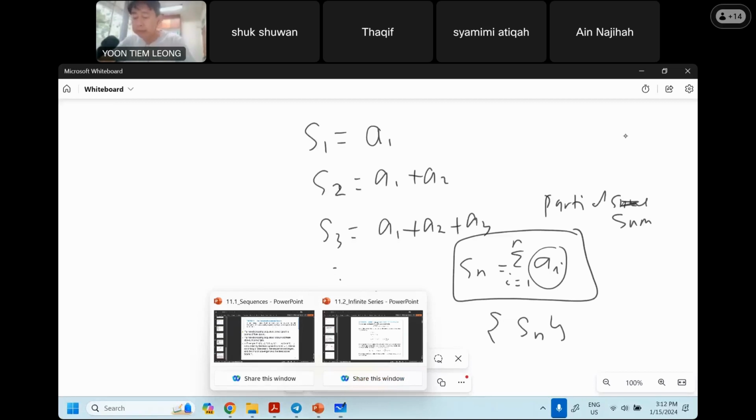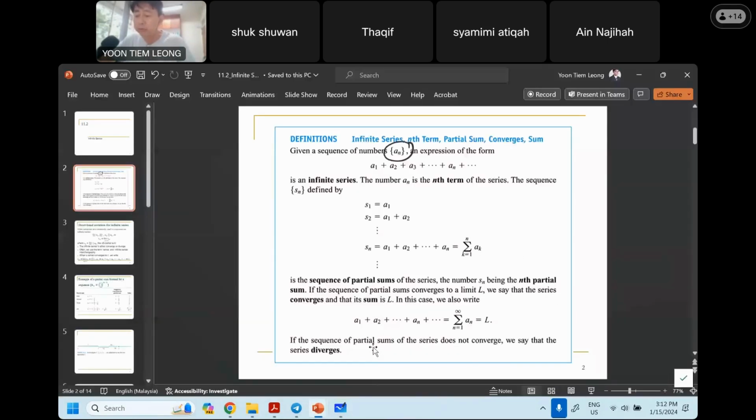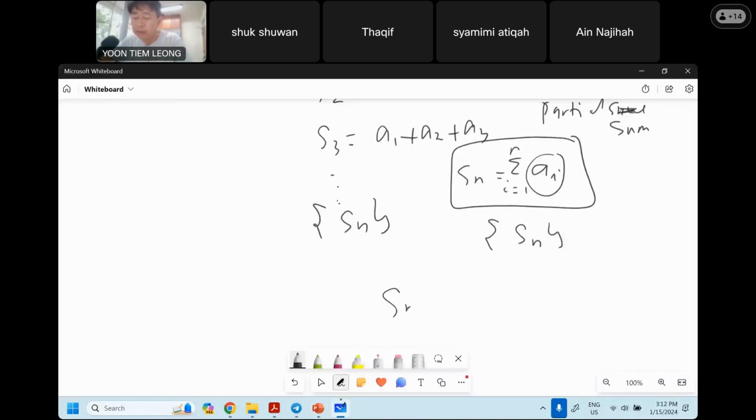Then the series is defined based on the partial sum. We talk about the partial sum Sn in the limit when the number of terms in the partial sum goes to infinity. So the last term in the partial sum is the term at infinity.